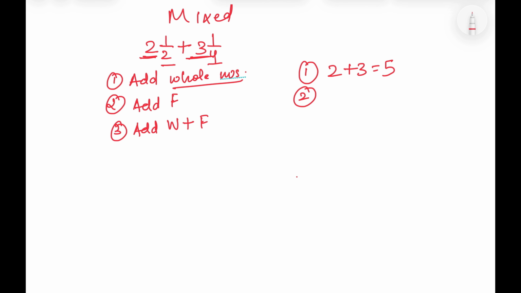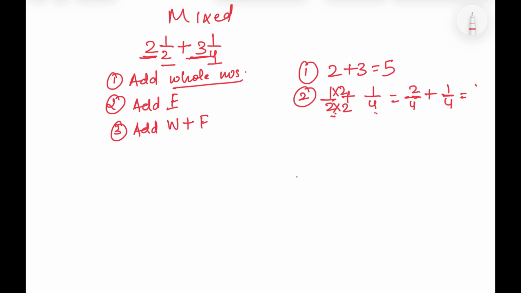Second step, add the fractions. 1 by 2 plus 1 by 4. As I told you, fractions should have the same denominator, but here the denominator is not the same. So we will make it the same. So we'll multiply this by 2. No need to multiply anything here because this is already 4. So we'll get 2 by 4 plus 1 by 4. So what will be the answer?